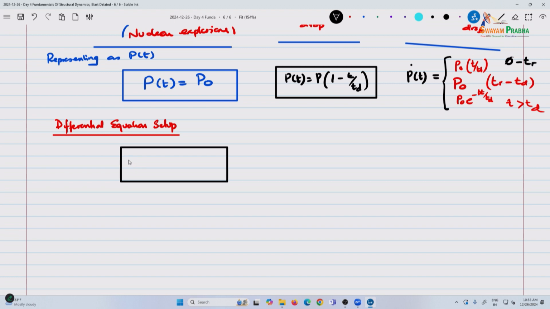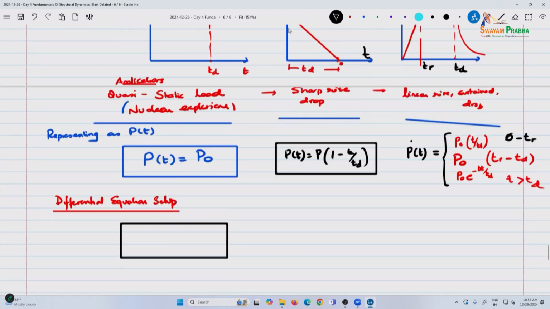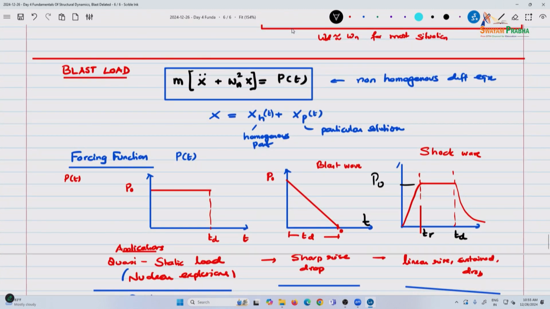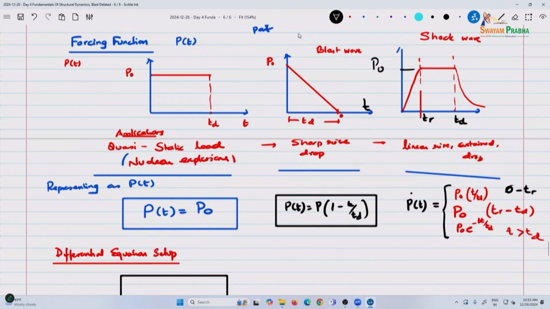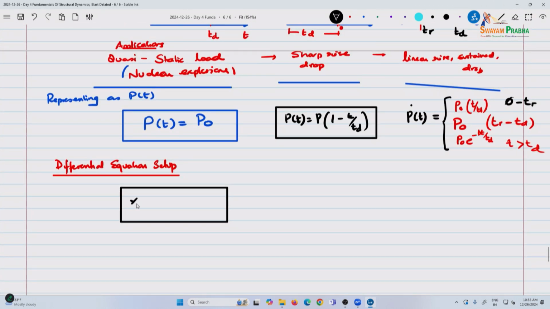You are solving the expression, let me use the same terms: m x double dot plus omega n square x is equal to P naught by m.